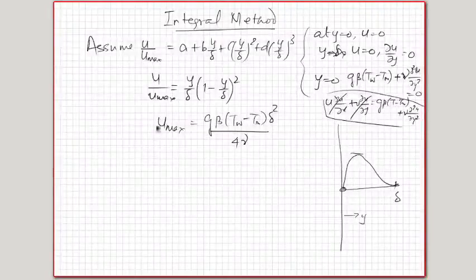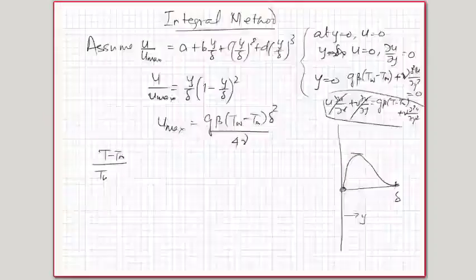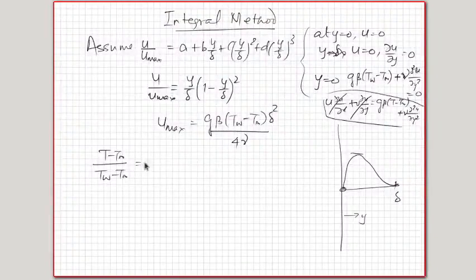So that is the first profile, and we also assume similarly that T minus T infinity divided by T wall minus T infinity is equal to 1 minus y by delta T, the whole square.